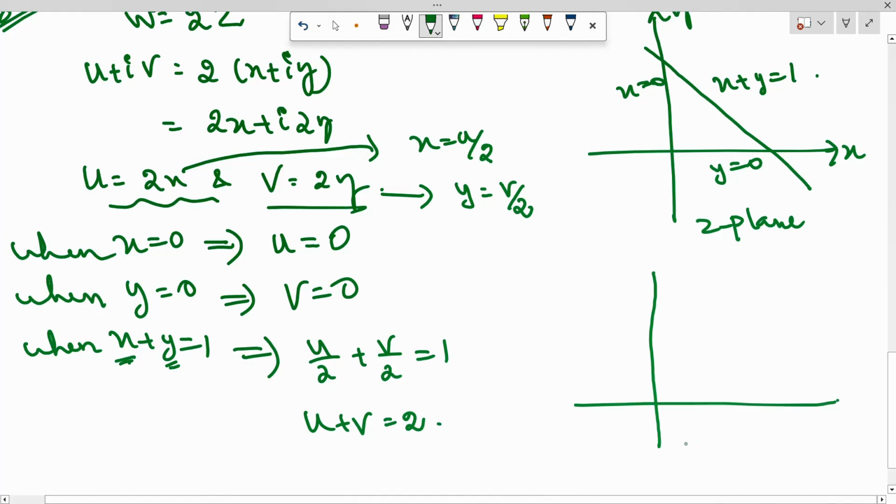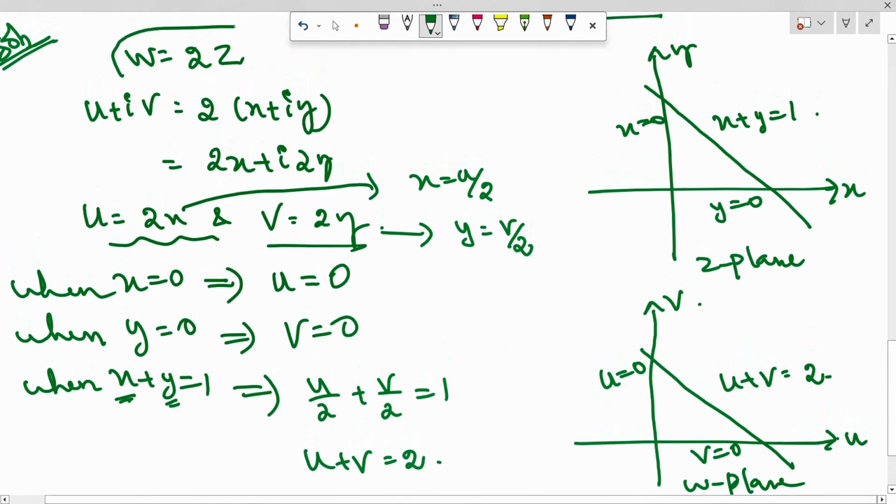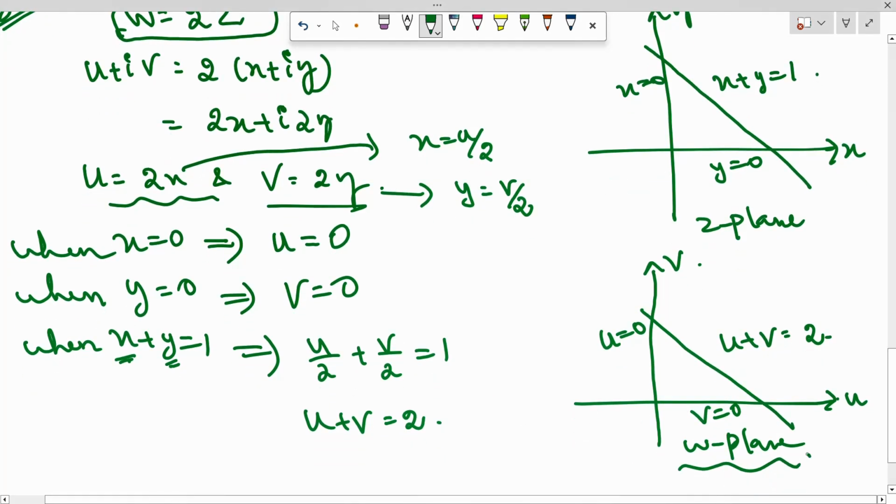Now we are going to draw the w-plane image. Here u-axis, v-axis, u = 0 on the v-axis, v = 0 on the u-axis, and u + v = 2 here. Okay. Using the given transformation w = 2z, we are getting this w-plane image.